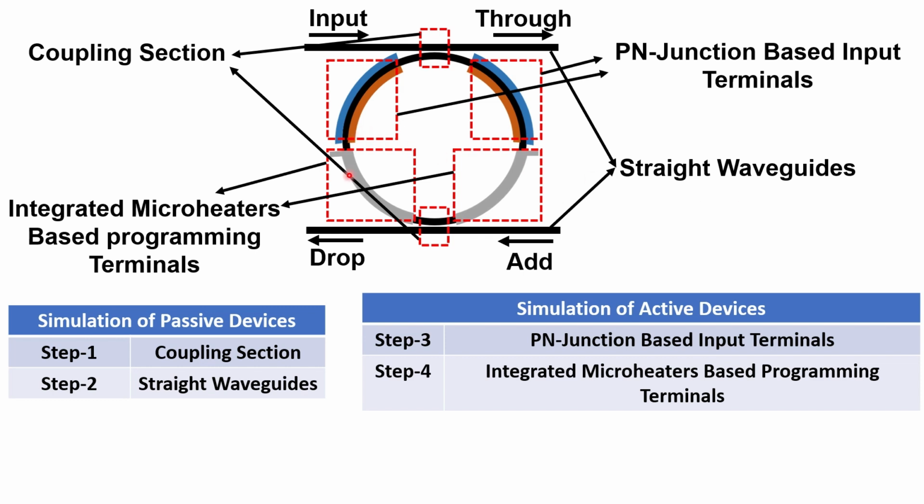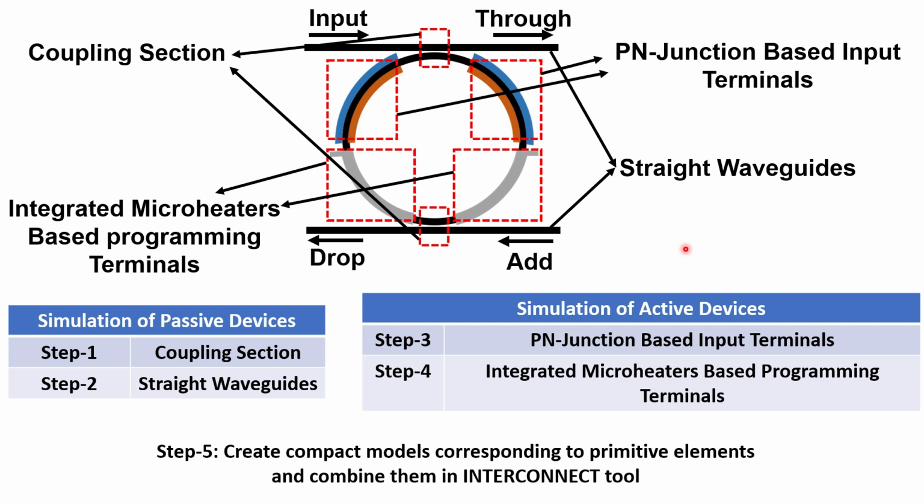Now, the integrated microheaters can be modeled in the heat solver of the Ansys Lumerical suite, from which the temperature profile of the microring as a function of applied microheater voltage is extracted. Then this data is exported into the FDE solver to calculate the change in index as a function of temperature.